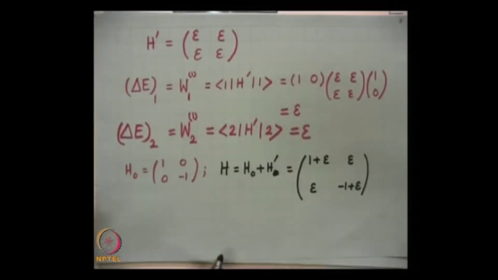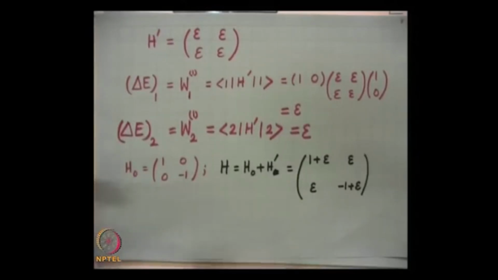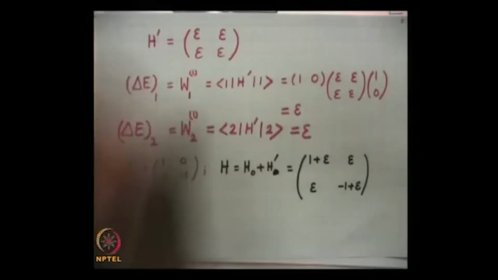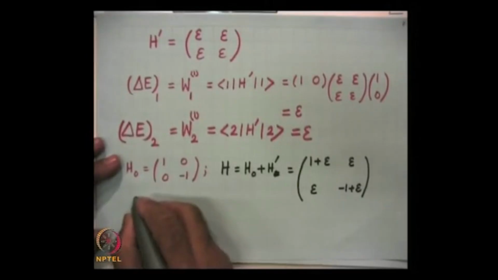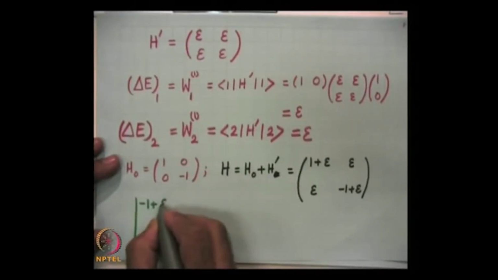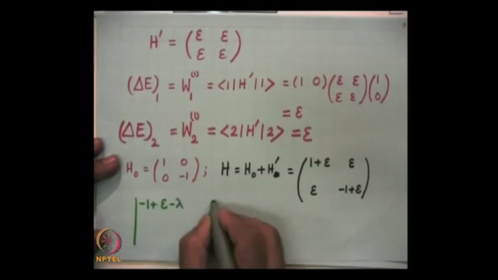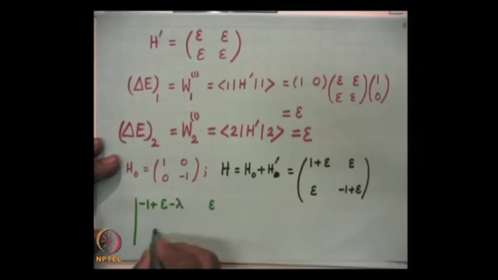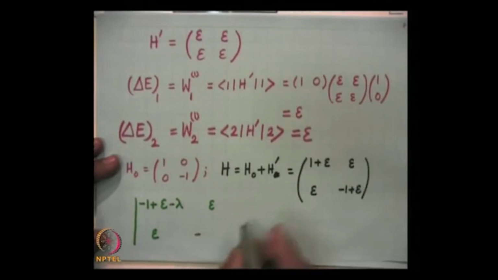So, this is my total matrix, and the determination of the eigenvalue is very straightforward. I write down the determinant. So, this will be minus 1 plus epsilon minus lambda, epsilon, epsilon, plus 1 here, and here it is minus 1 plus epsilon minus lambda.